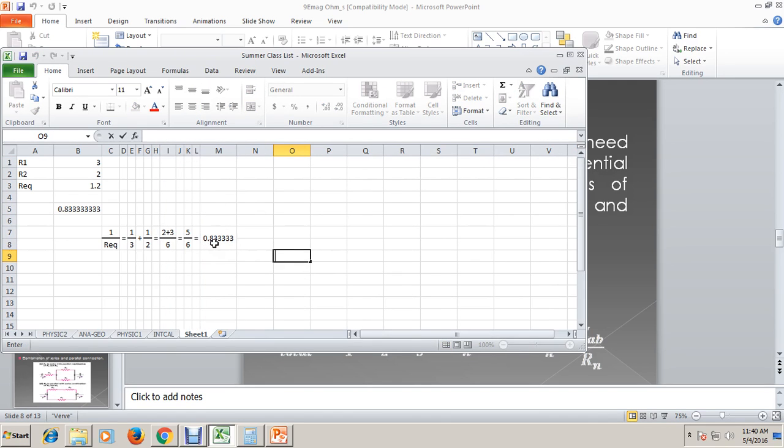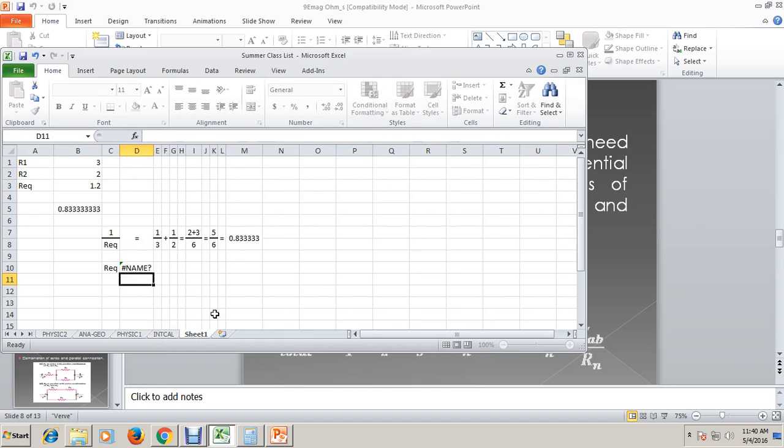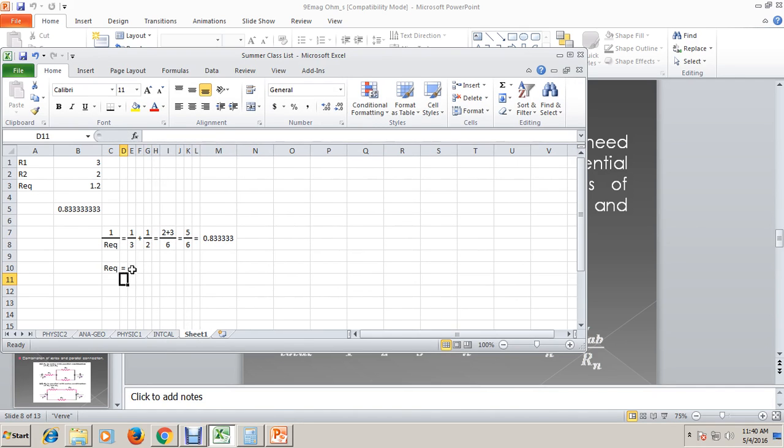The 0.8333 and so on is 1 over R equivalent, not R equivalent. So therefore, in order to get R equivalent, simply what we do is to get the reciprocal of 0.8333.